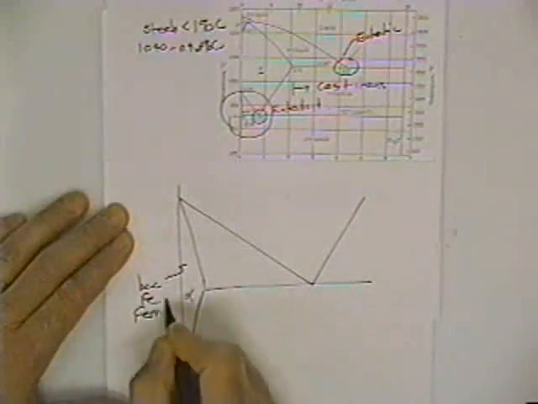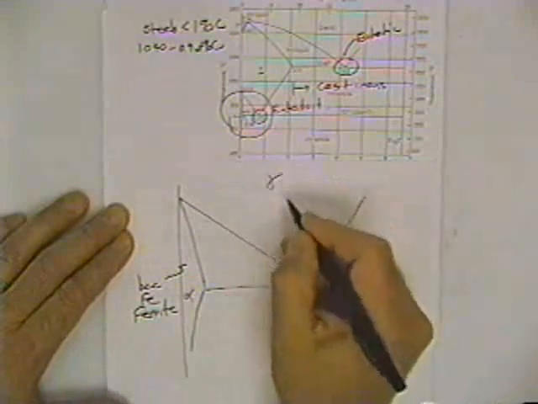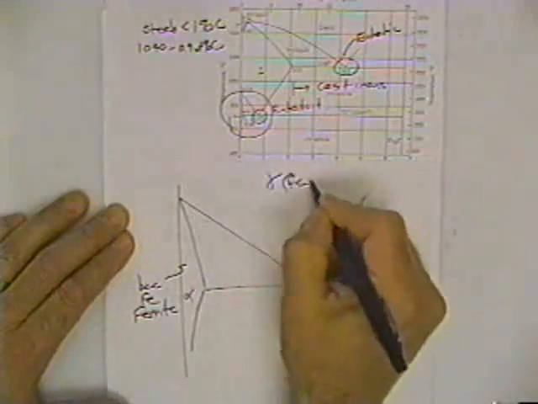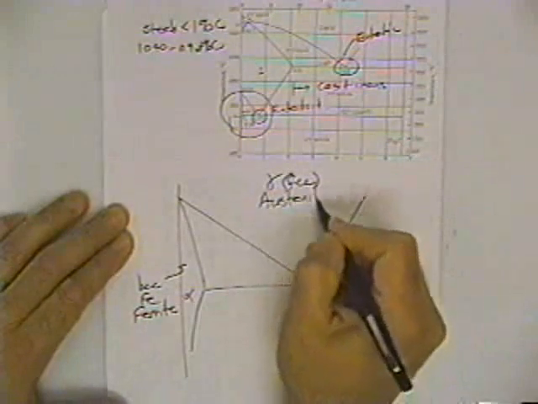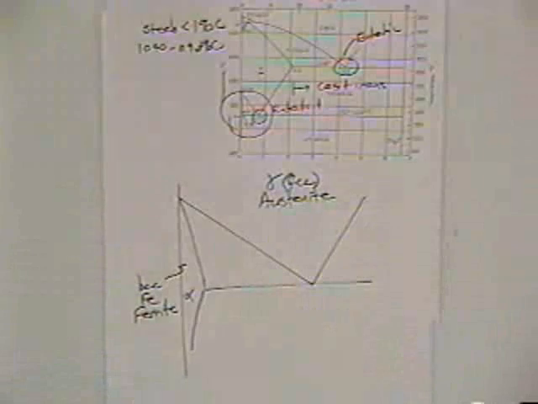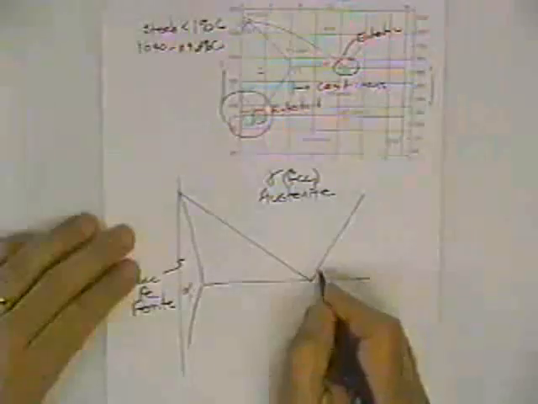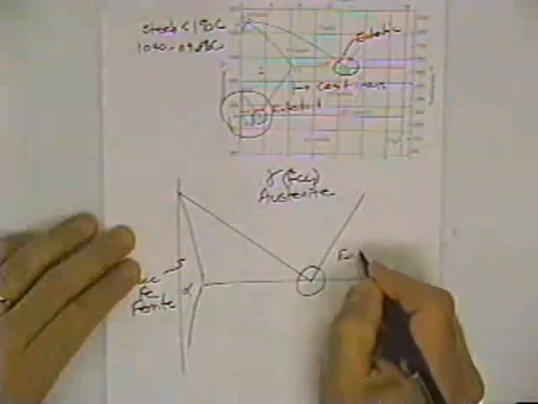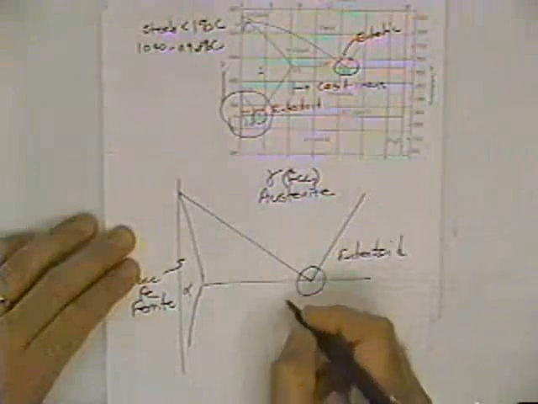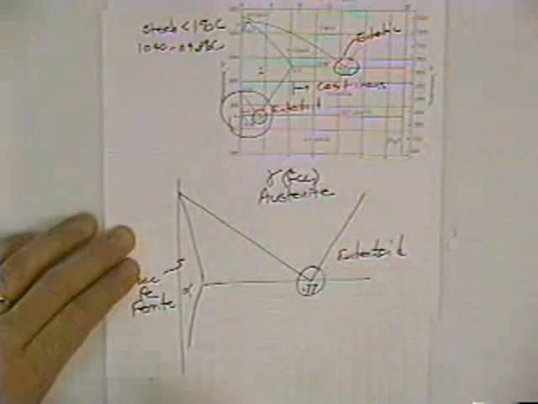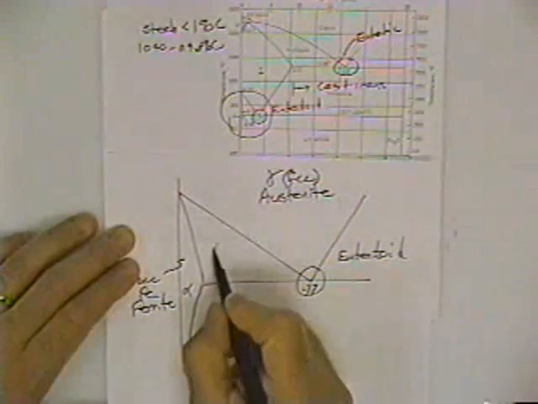It's called ferrite. This is gamma. It's face-centered cubic, and it's called austenite. If we add enough nickel and chromium, we can have a stainless steel and have an austenitic stainless steel. This is the eutectoid reaction, and that's at 0.77 weight percent.